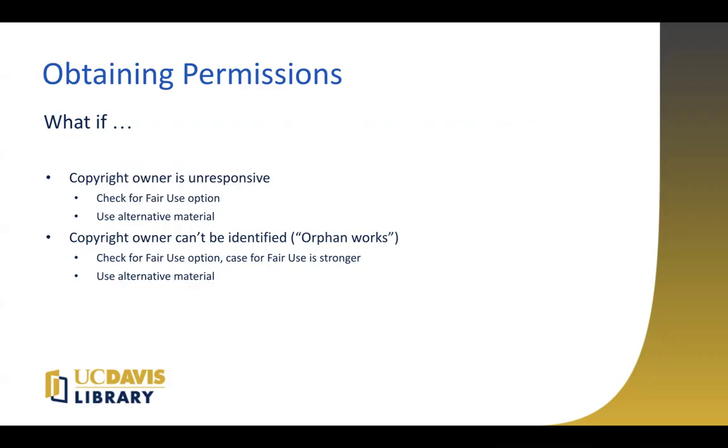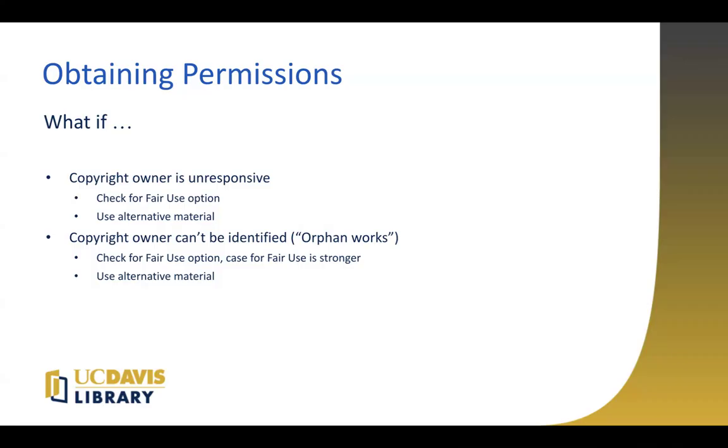Can I use it under fair use? Or use other alternative material. That could be frustrating sometimes if you really need this particular image and the copyright owner is not responding to your request, then that brings you into kind of a predicament.